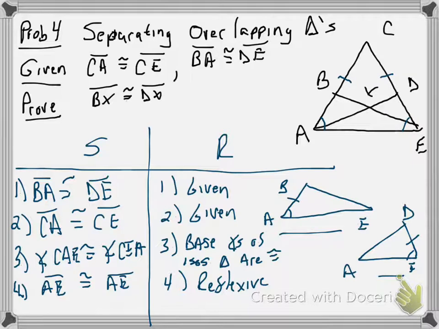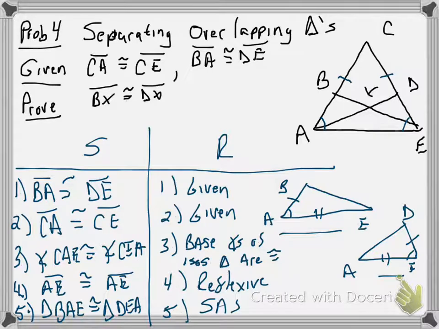Once I have that, I can now state that triangle BAE is congruent to triangle DEA by, well, we have two sides and an angle. If I look at it, there's that side, angle, side. Well, how does that help me?